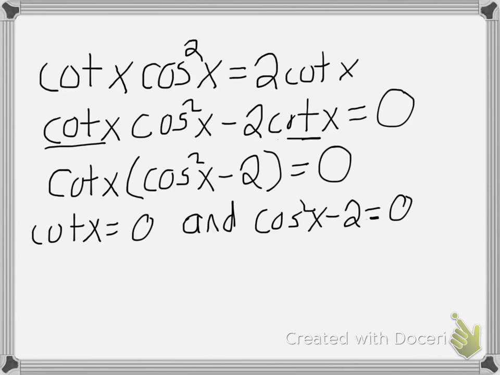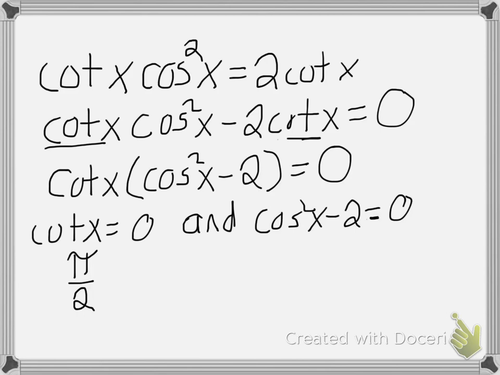Okay? Well, the cotangent of x is equal to 0. There we're going to be looking for 0 to pi. So the cotangent of x equals 0, that's just simply pi over 2. That's where the cotangent is equal to 0, and that is between 0 and pi.